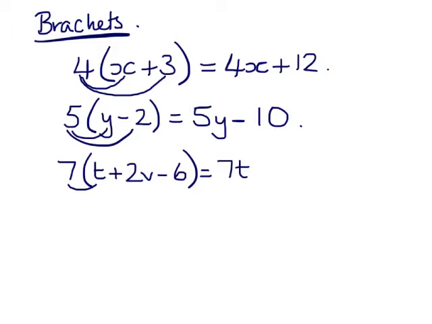Now, if I was to get rid of this v, I would just be doing 7 times 2. 7 times 2 is 14. So 7 times 2v is just 14v. And the last one, 7 times 6, but I'm taking away, remember, 7 times 6 is 42, so I'm taking away 42.